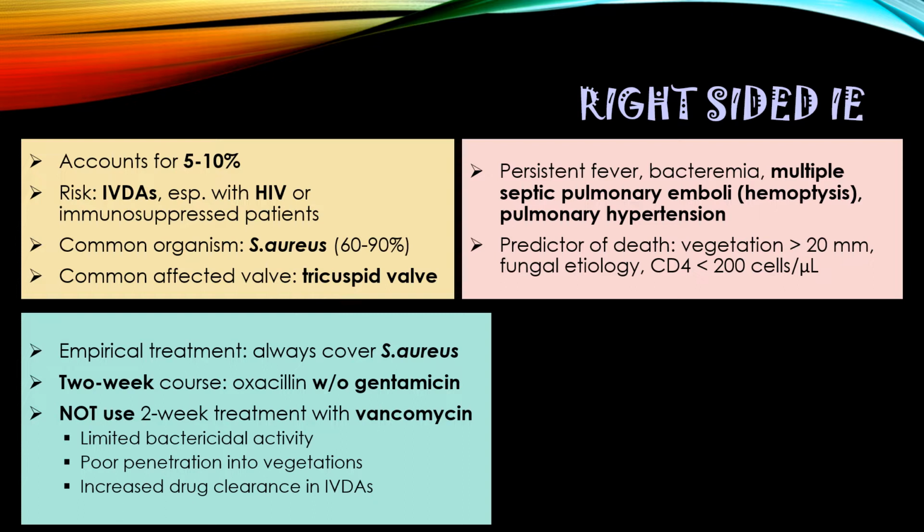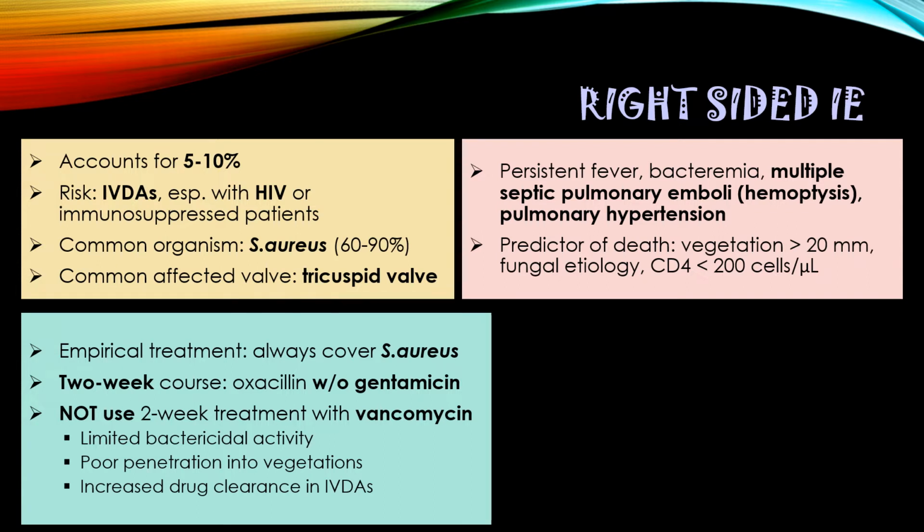The symptoms may be the same, but we find more frequent multiple septic pulmonary emboli. Note that when vegetation occurs on the right side, thromboemboli are thrown to the lung, right? The predictors of death are a large size of vegetation, fungal causative agent, and low CD4 in HIV patients.